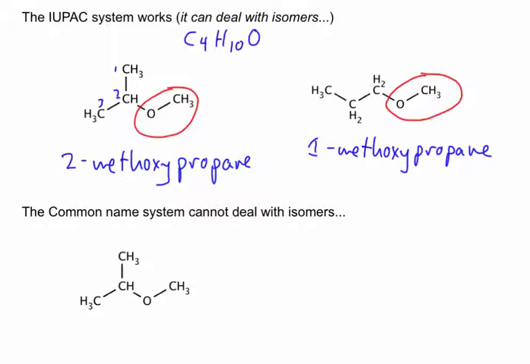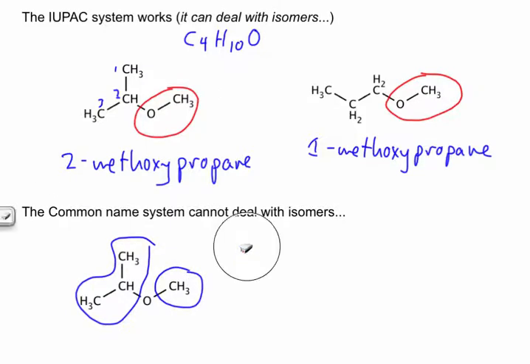The common name system does not. The common way of naming things will not be able to deal with this isomerism. Here's our 2-methoxypropane, and if we were to name that by identifying branches, we still have this propyl and we have this methyl.